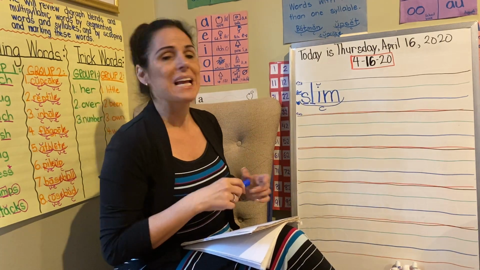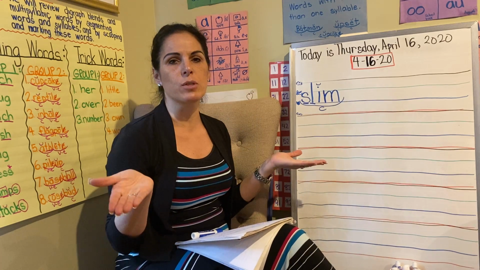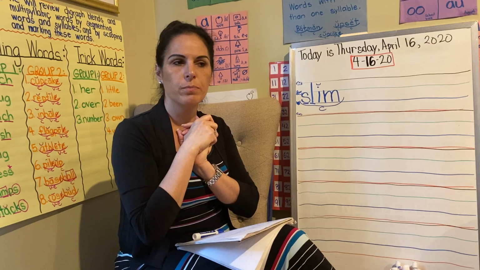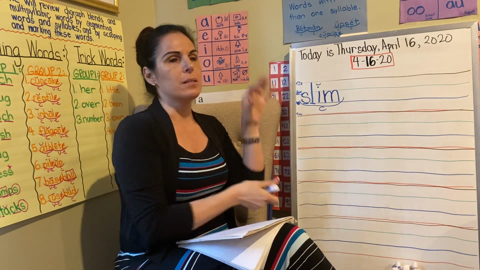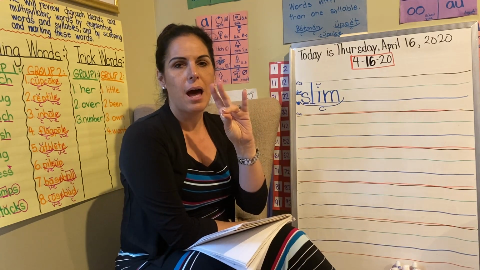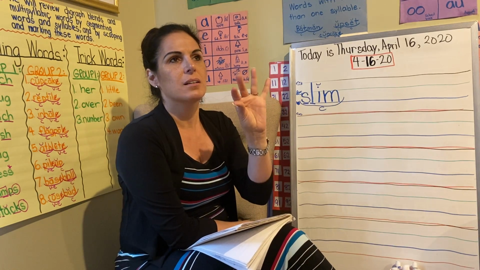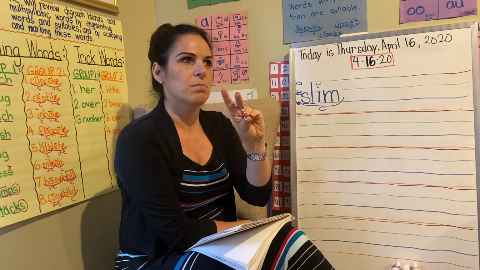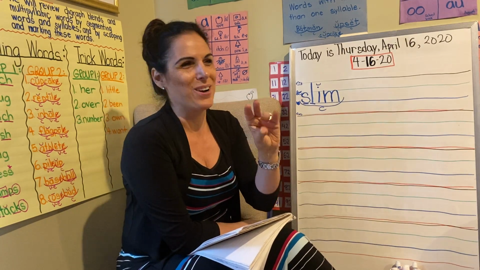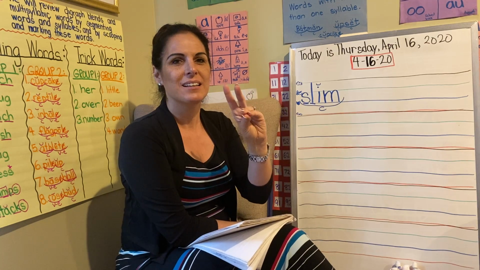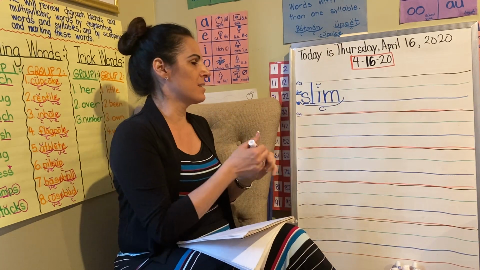Let's try the word clocks. Let's see how many syllables are in the word clocks. Clocks. 1 syllable, 1 vowel. Let's tap it out. K-o-ah. Nope, I did that wrong. Let's try it one more time. K-o-ah. S is the suffix.